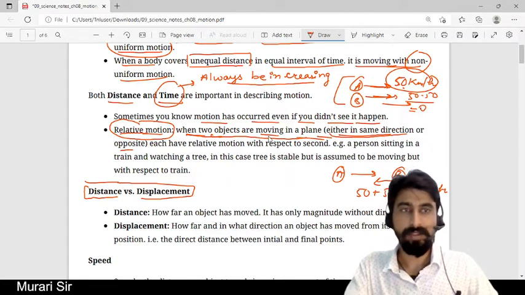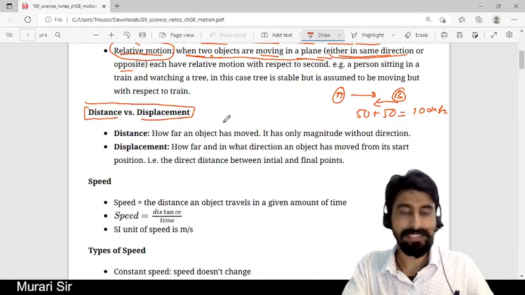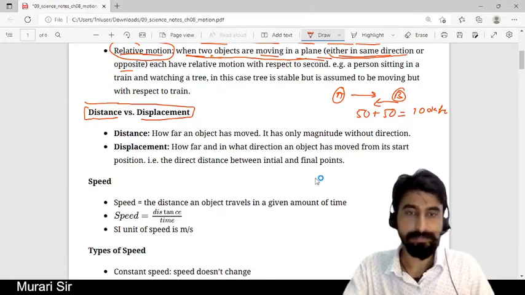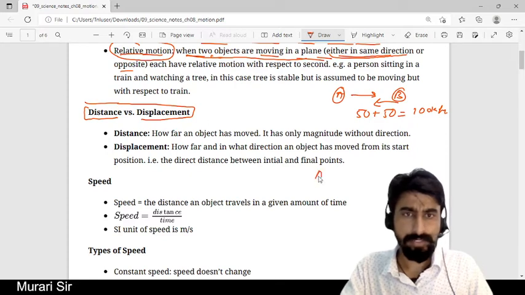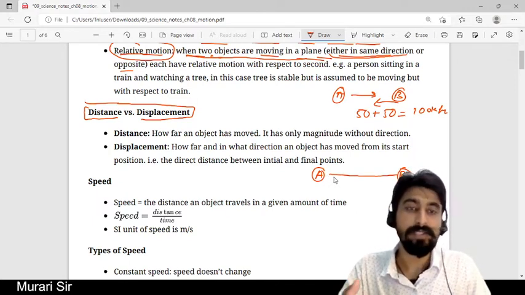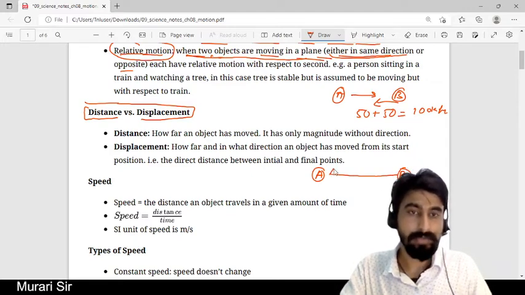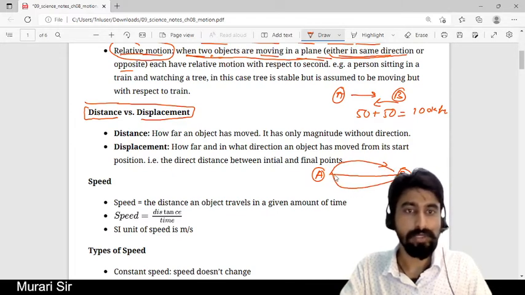Okay. Let's understand one by one. So simply we have taken one example. Let's take it again. There is position A and there is position B. A person is moving from A to B. So there are two possibilities, or you can say there are many possibilities, infinite number of possibilities in reaching from A to B. You can go from this path, you can go using this path, you can go using any path.